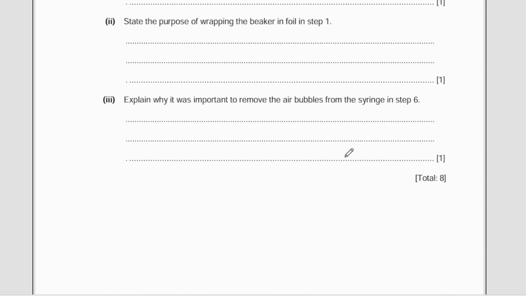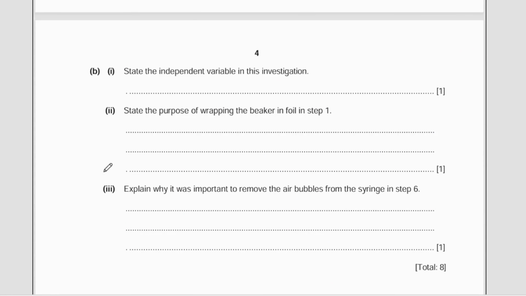What is the independent variable? What are you changing? That is your effect, that is dependent. What are you changing? You have made a table. Time, exactly.